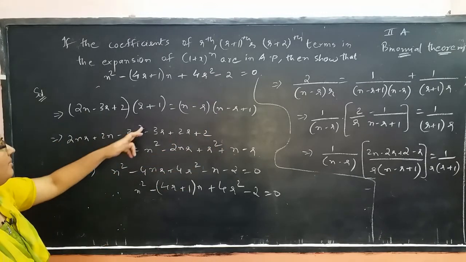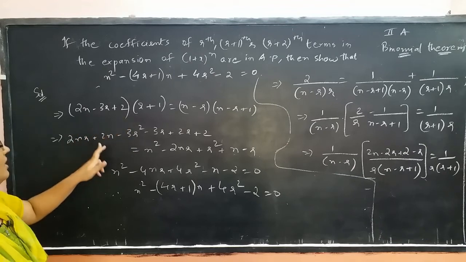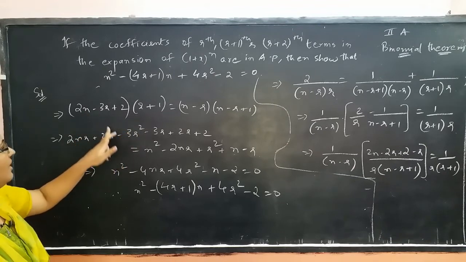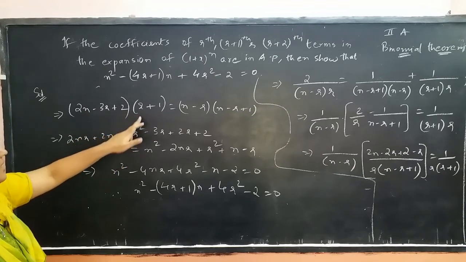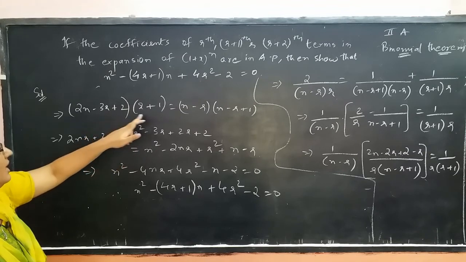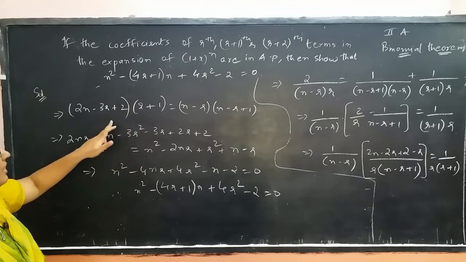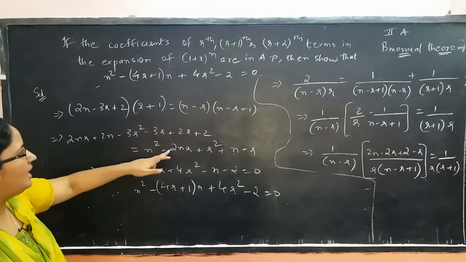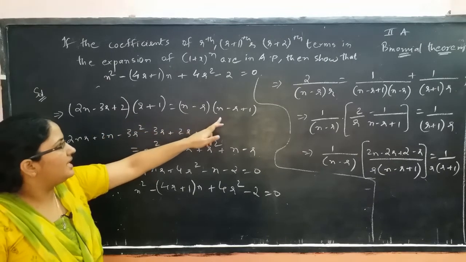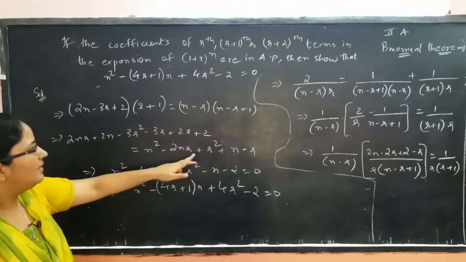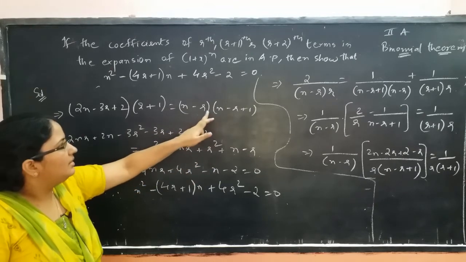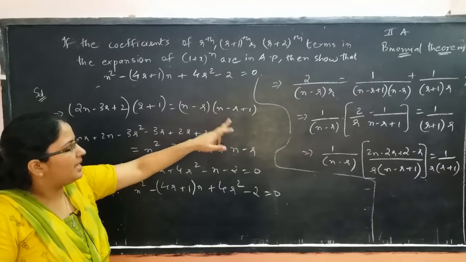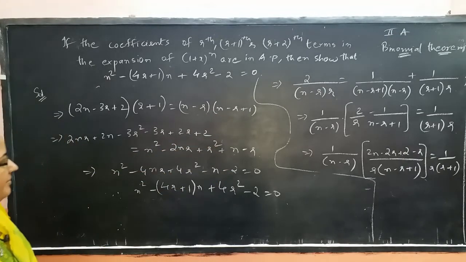Now, you have to multiply all this: 2n into r, 2n into 1, 2n, minus 3r into r, minus 3r², minus 3r into 1, minus 3r, 2 into r, 2r, 2 into 1, 2. Again this n² − nr + n − rn + r² − r. This is what you have.